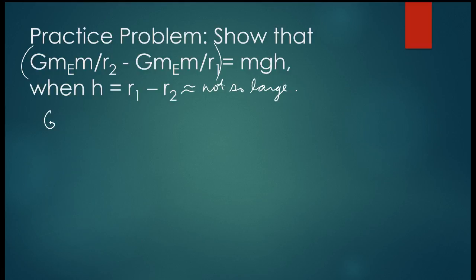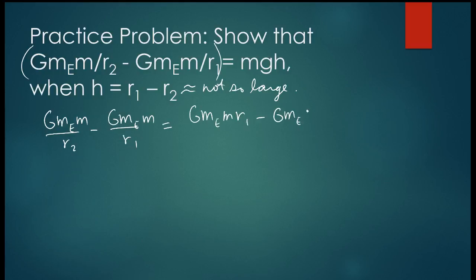So first of all, we'll just write this out. G Me m over r2 minus G Me m over r1. And we're just going to write this as G Me m r1 minus G Me m r2 over r2 r1.